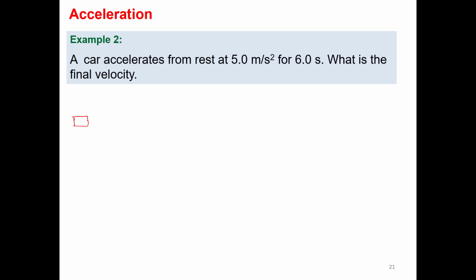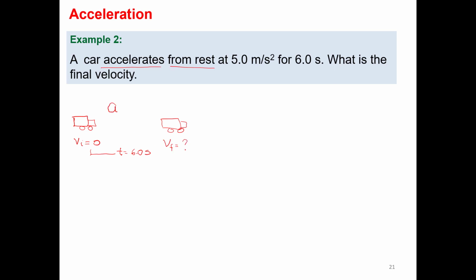We have a car, and if it accelerates from rest, we know the initial velocity equals 0. If the car accelerates, the velocity is not constant. After 6.0 seconds, we want to calculate the final velocity.